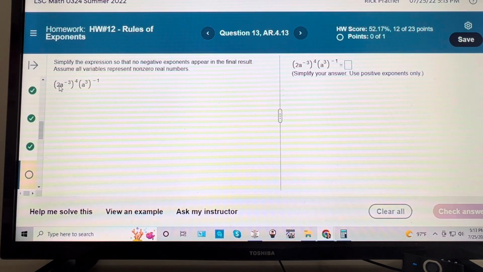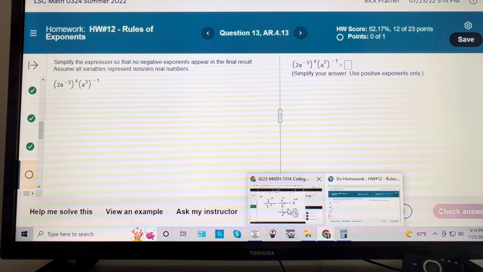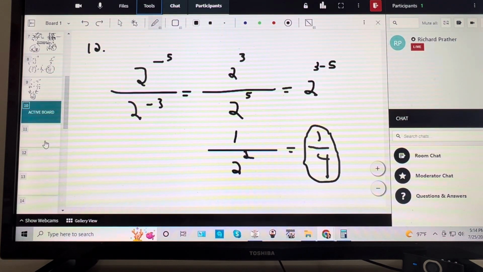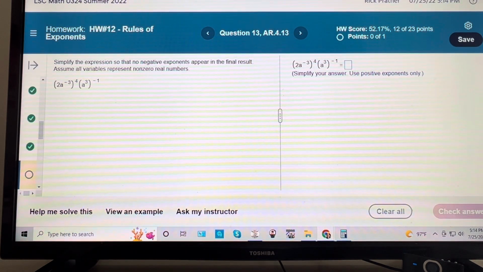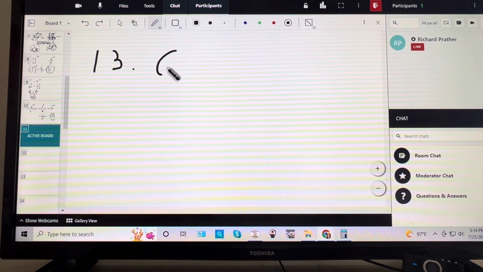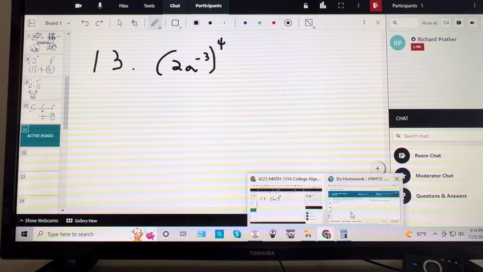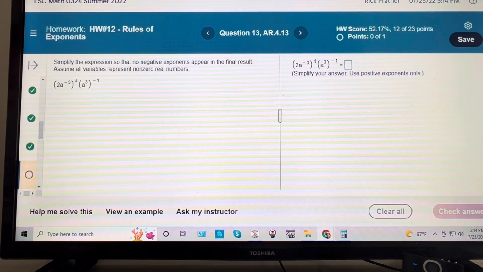Okay, 2a to the -3, and then there's a 4th power on the outside, a to the 3rd, and then a -1 to the outside. (2a to the -3), and then the outside exponent's +4, a to the 3rd to the -1.